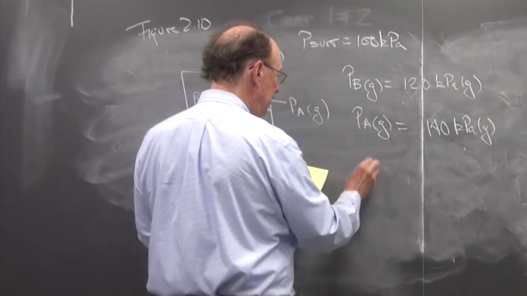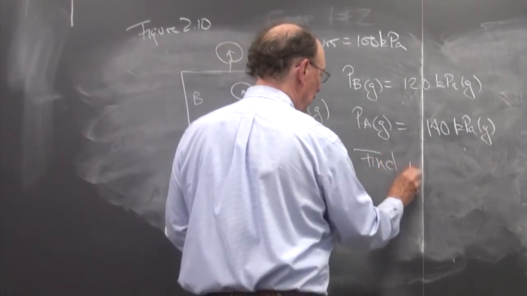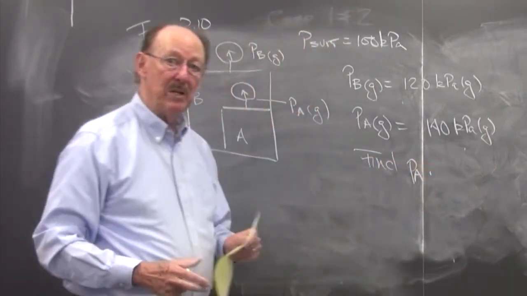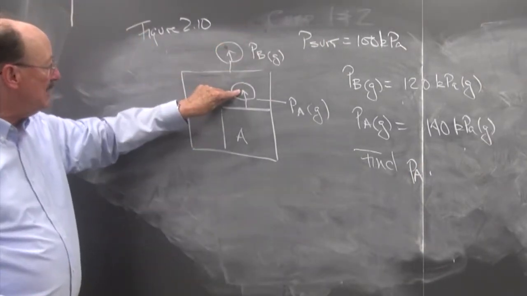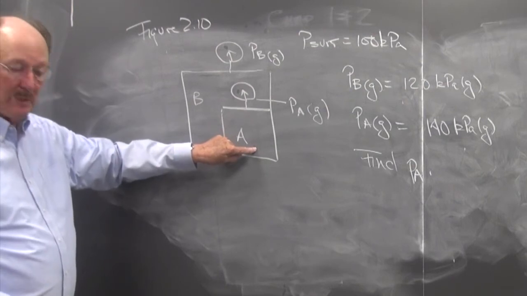And we want to find PA. So we know the surrounding pressure here, we know what this gauge reads, we know what this gauge reads, and we want to find out what this absolute pressure is.